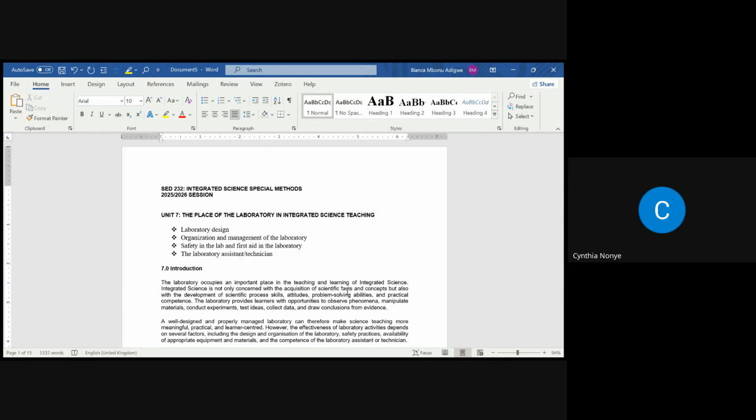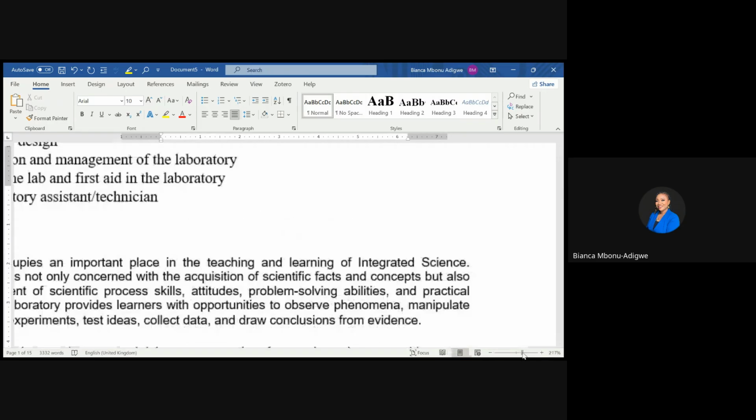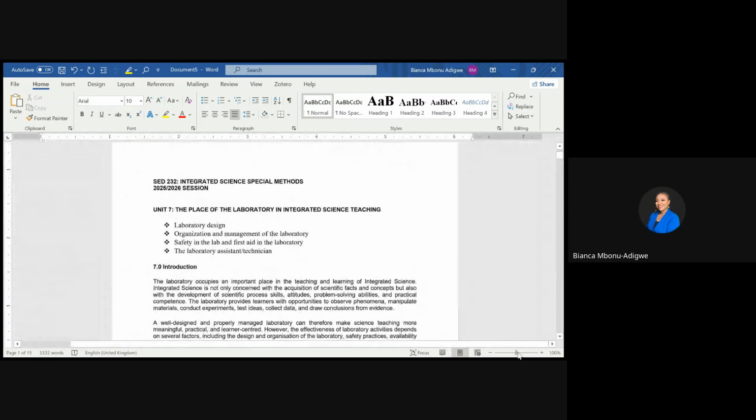Anyone? Yes. You can see the Word document? Okay, what are you seeing? SED 232, integrated science special methods. Oh, okay, thank you. I can't see it on my other device, so it's a little confusing.